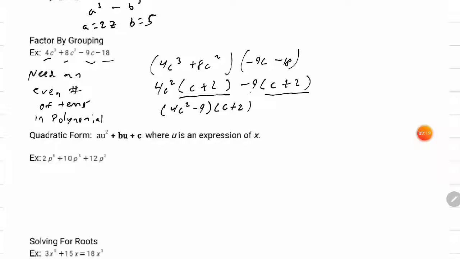And then, even though it looks like we're done, we're still not done because we have a difference of squares here. So a squared minus b squared.